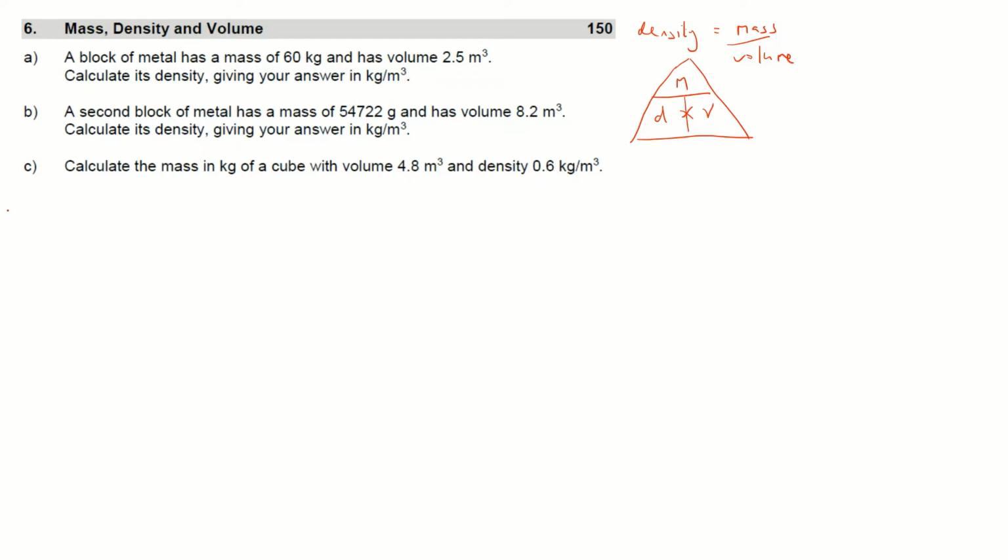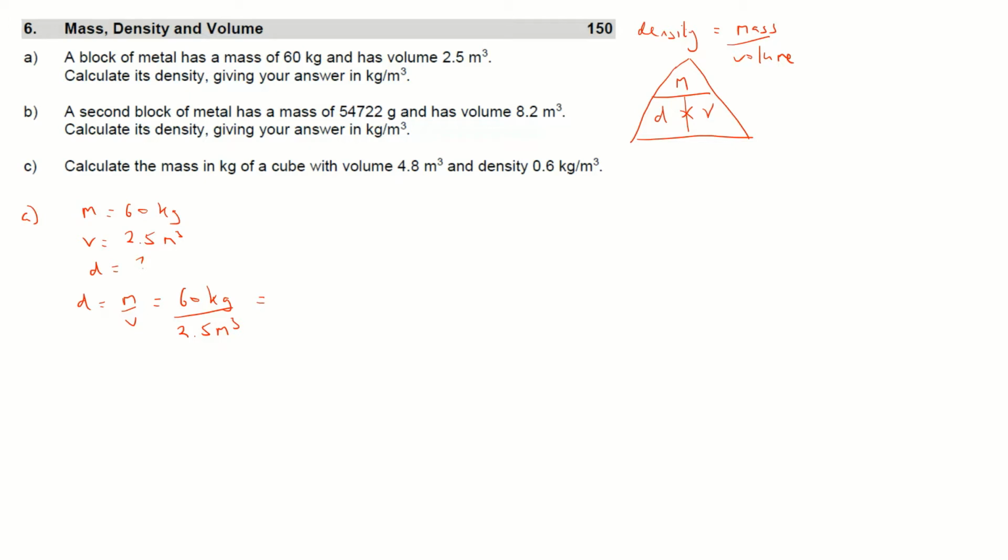All right, so question 8. The metal has mass 60 kilograms and volume 2.5 meters cubed. Find the density. Okay, now density is mass over volume. So that's 60 kilograms. Again, watch the units, over 2.5 meters cubed.